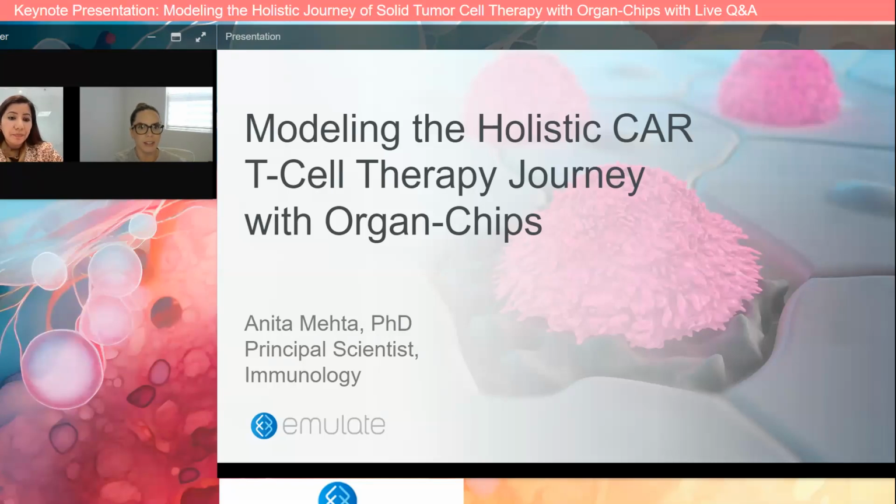Okay, perfect. How would I adapt this workflow to a different CAR T or cancer cell type? Yeah, that's a great question. So we do have a very thorough description in our protocol, which walks the user step by step. What you need to do is look at the expression of the target antigen, then look into the CAR T of interest.